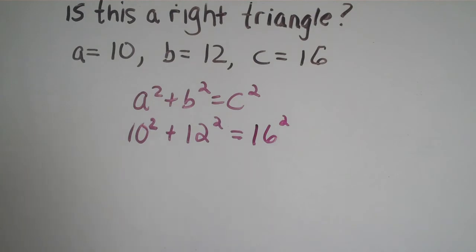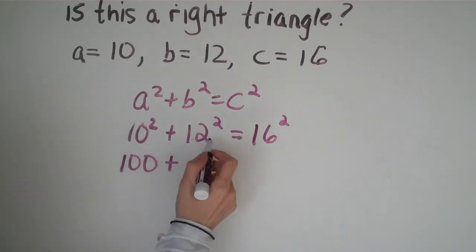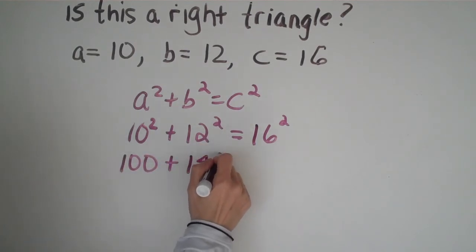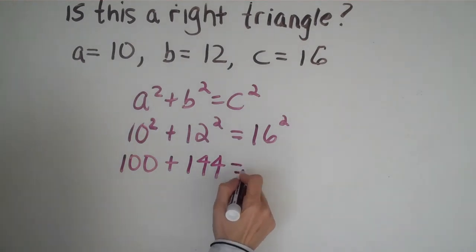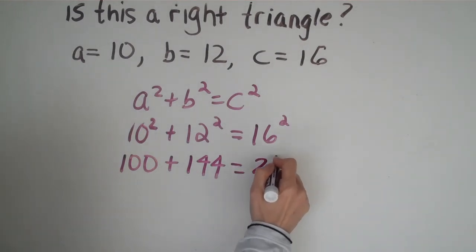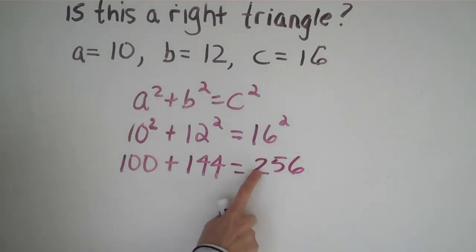10 squared is 100, plus 12 squared is 144, and 16 squared is 256. That's just 16 times 16 is 256, and 12 times 12 is 144. That's how I'm getting these.